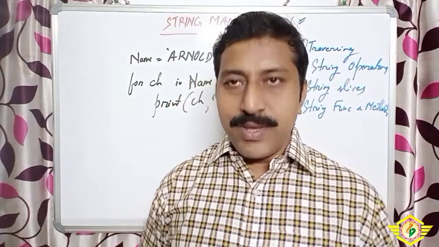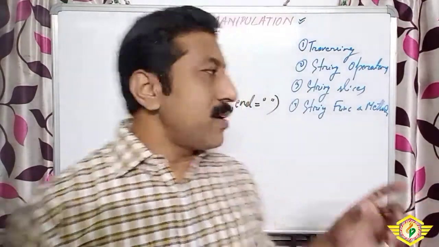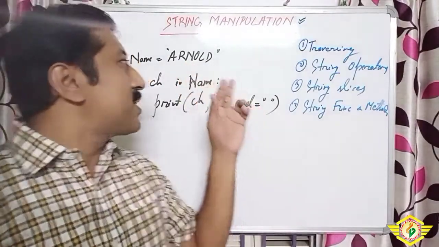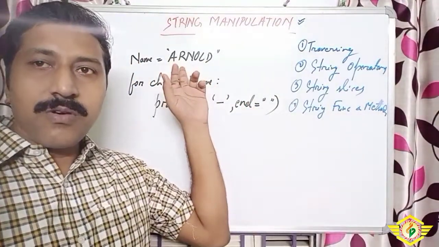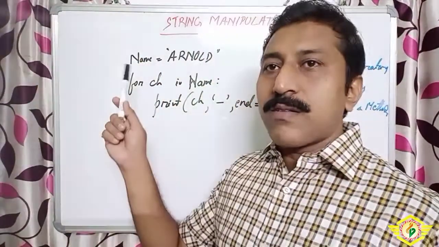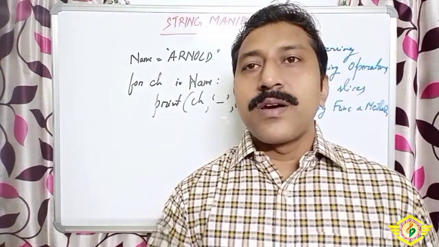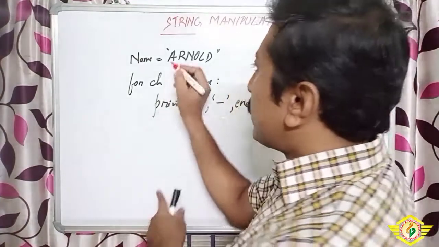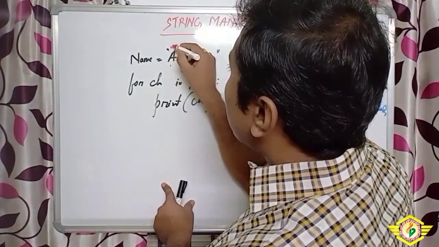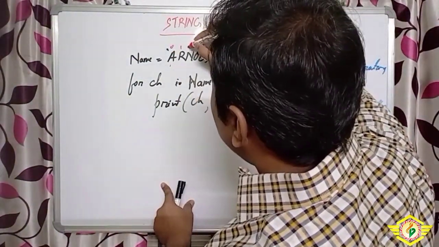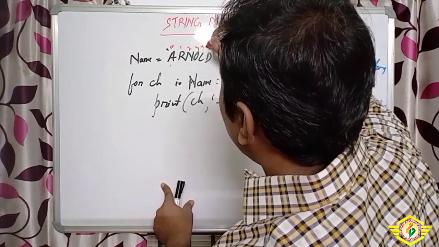When we write a string, I have given one example here, the name Arnold. So name equal to Arnold means the first index number of Arnold will be 0, then 1, then 2, then 3, then 4, then 5.